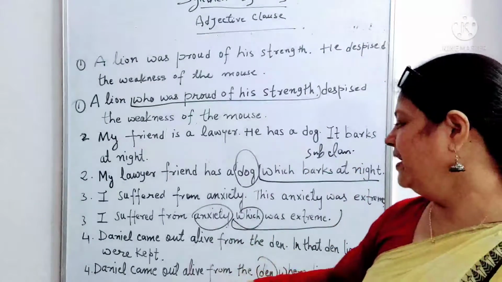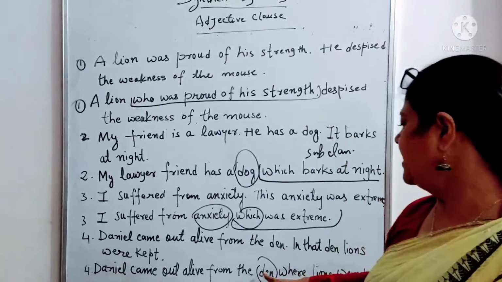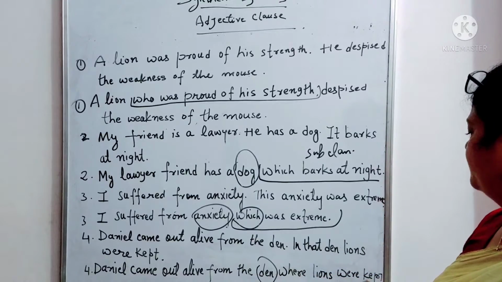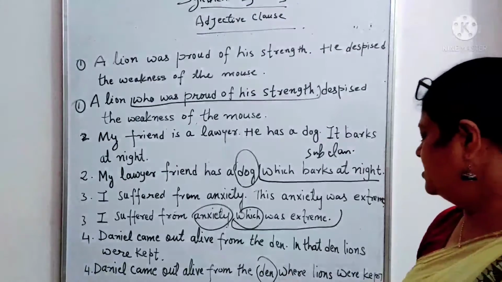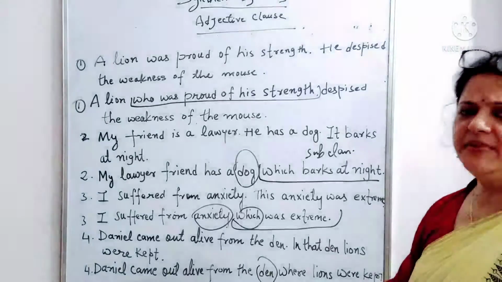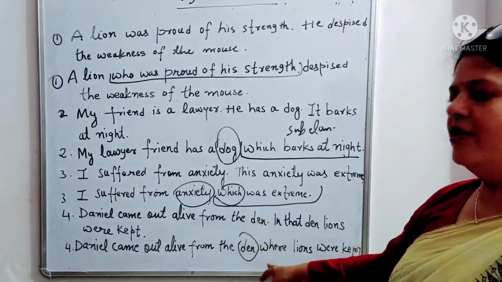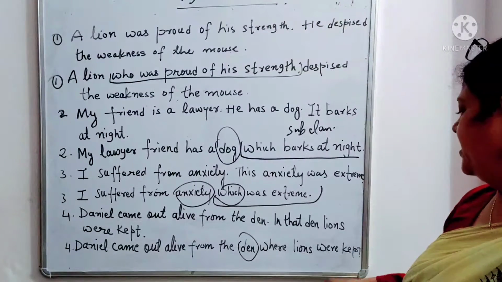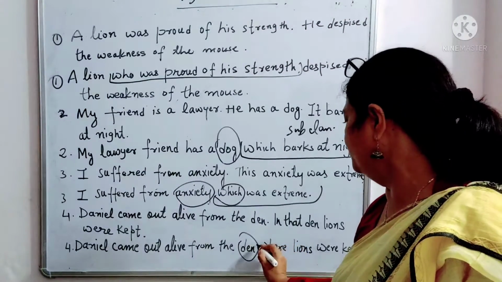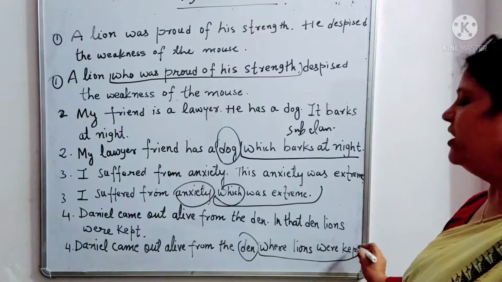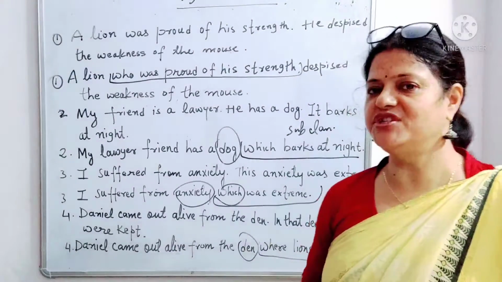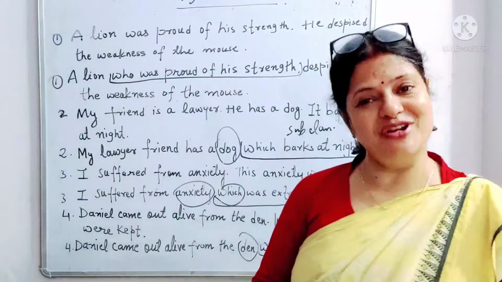So it would be: Daniel came out alive from the den where lions were kept. So this is the subordinate adjective clause, which is depending on the principal clause for its meaning.